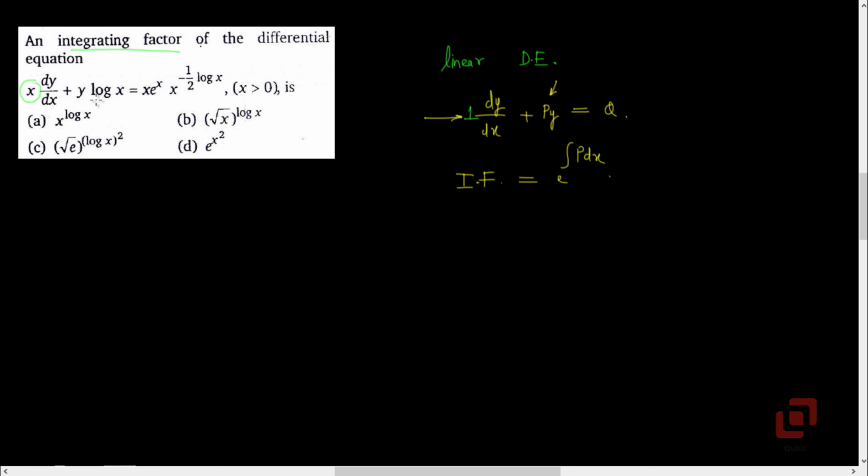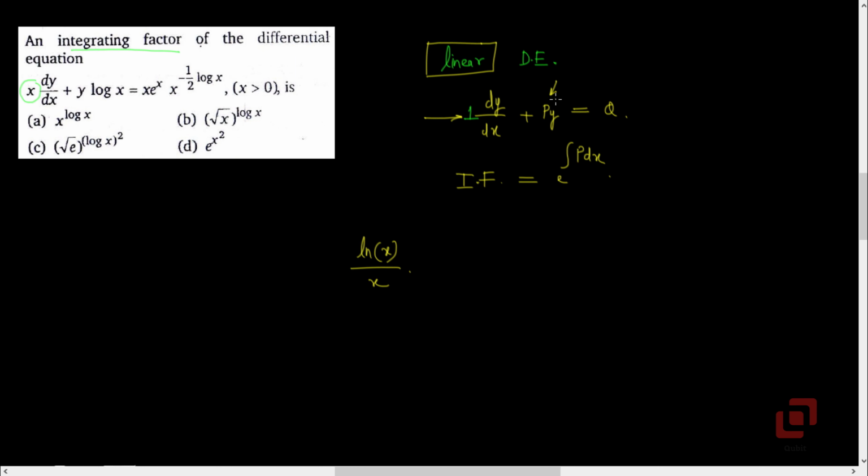And in that case, the coefficient of y will be log of x upon x. The original coefficient of y is log of x. We have divided it by x so that we can compare the given differential equation with the standard form of linear differential equation.